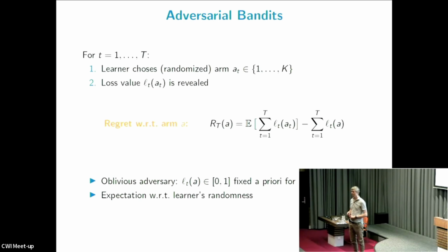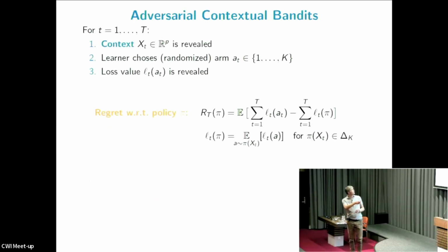So that's the introduction. To upgrade this to the contextual setting, we want to introduce contexts that determine the losses of the arms. Things work as follows. At the start of every round, we receive a context, which is a vector in p dimensions. Then we pick an arm and we observe a loss.